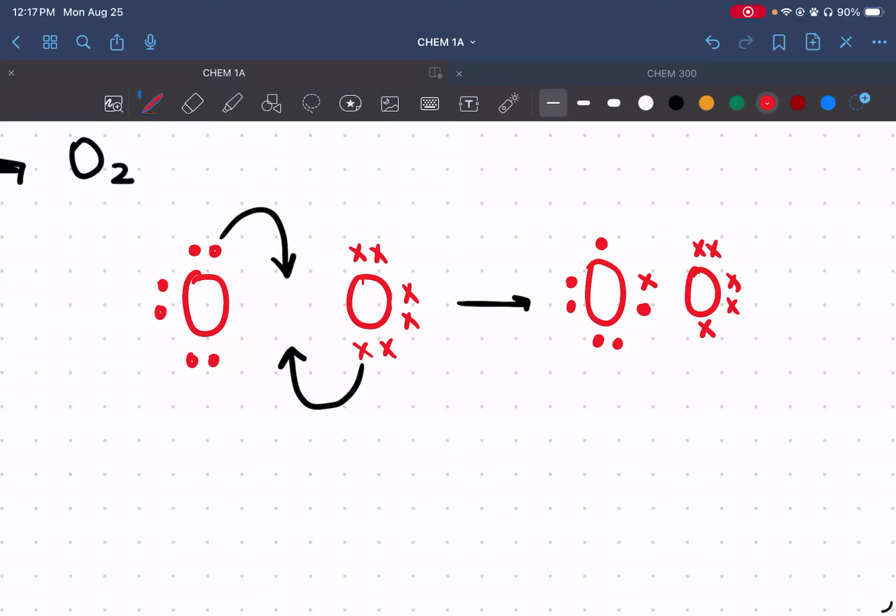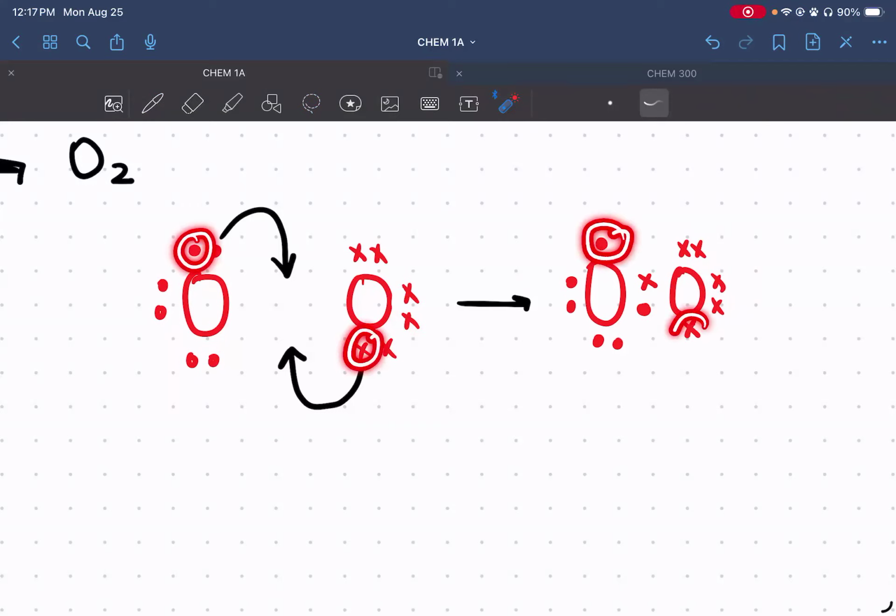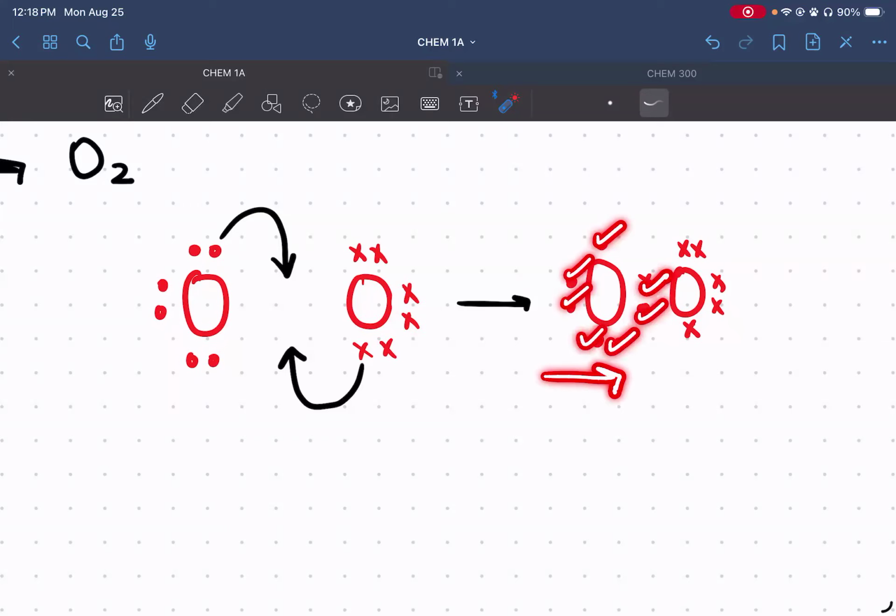The resulting structure looks something like this. Please notice that the electrons, we haven't said that they're being lost. They're just moving over for a more clear sharing capability. As of right now, from the perspective of the left oxygen, it has access to 1, 2, 3, 4, 5, 6, 7 electrons.